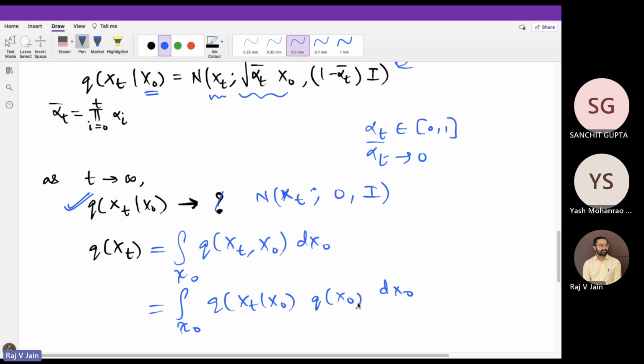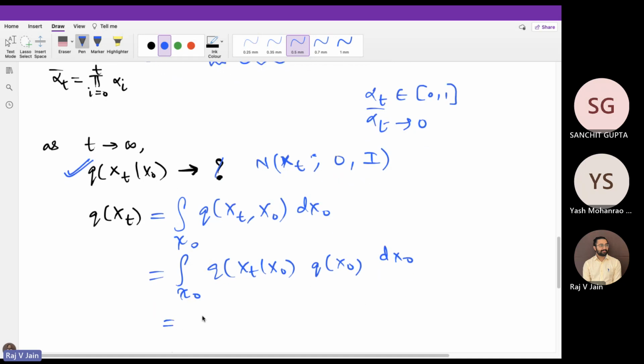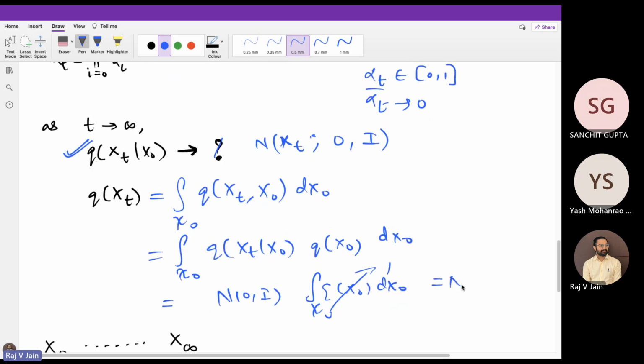We're not defining what q of x naught is, but that's okay. This is Gaussian and doesn't depend on anything on the x naught. The integral of q of x naught is always going to be 1, so this will be 1. Therefore this also becomes N of 0, I.